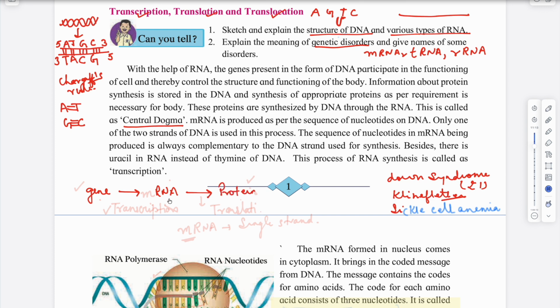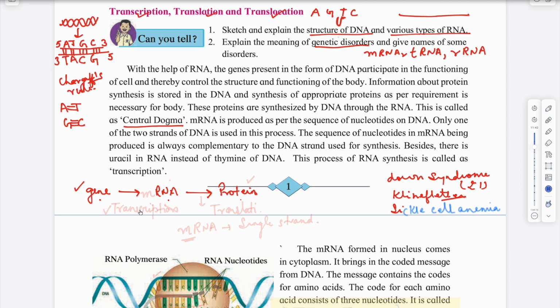So this is the central dogma, which means within every cell this process is followed. First of all, this gene is changed into RNA. This RNA is then translated into protein. There is no way that a gene can directly produce a protein or RNA can directly produce a protein, right? So this is a strict principle which is being followed within a cell.